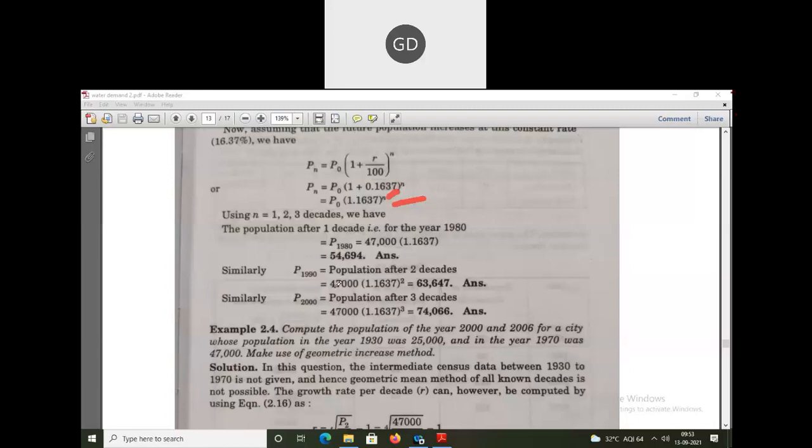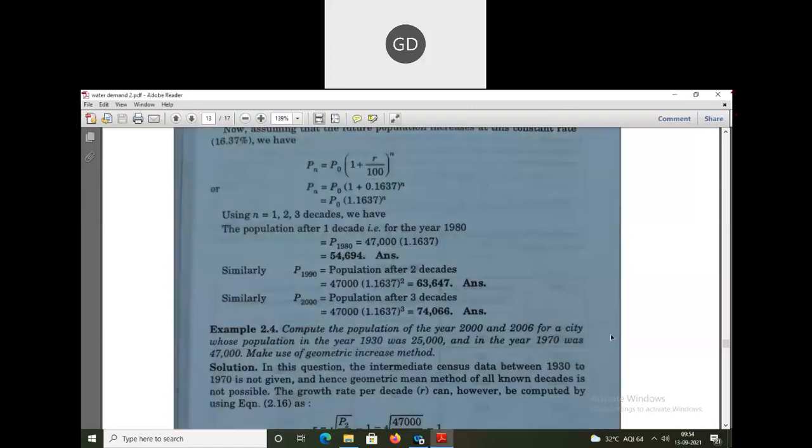Like this you solve the geometric increase method. I hope this one is clear to you. After the class, when you get time, go through this numerical once, then it will be more clear to you. Solve this numerical once.